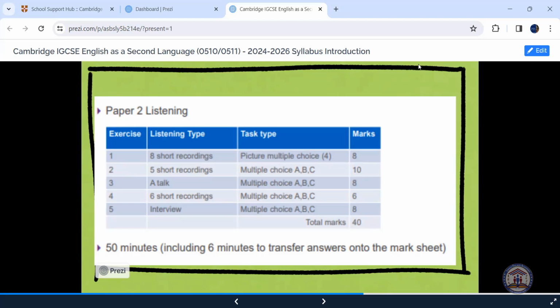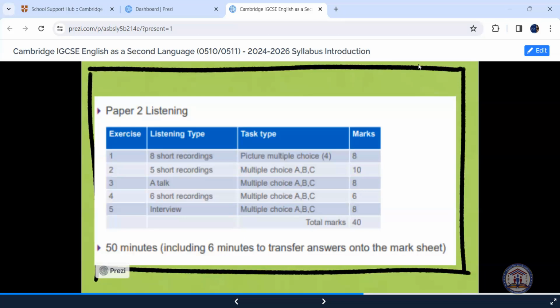Exercise 4. It's 6 short recordings. We call it the speaker or the speaker's exercise. They ask you to listen to 6 people, each one alone, separate, and each one will be repeated twice, as I said at the beginning.